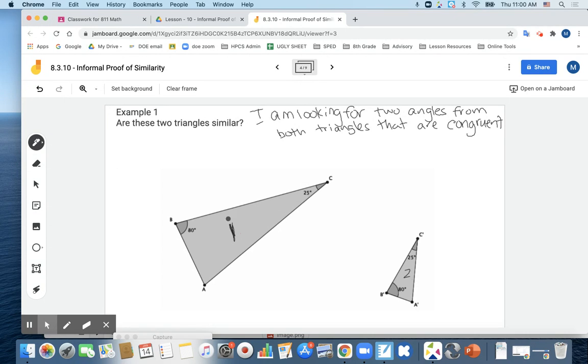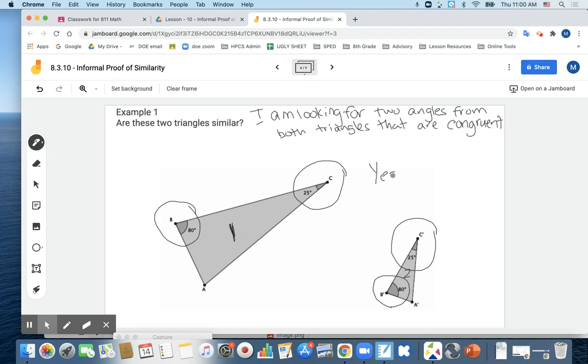Here's triangle 1. I notice that angle B is 80 and angle C is 25. And then I'm looking at this triangle over here, and I notice that angle B is 80 and angle C is 25.